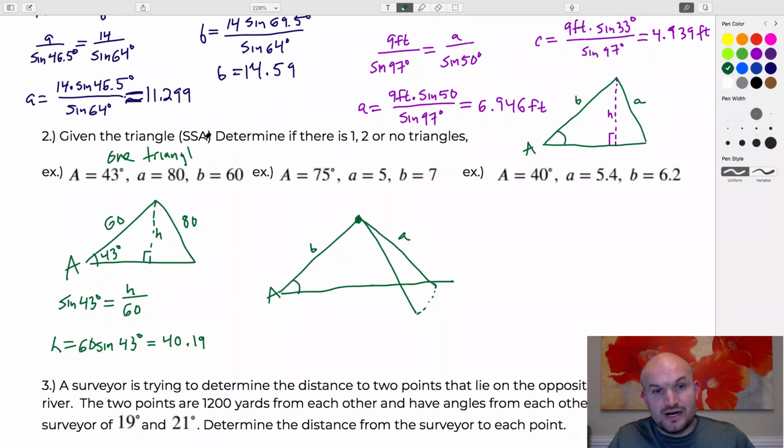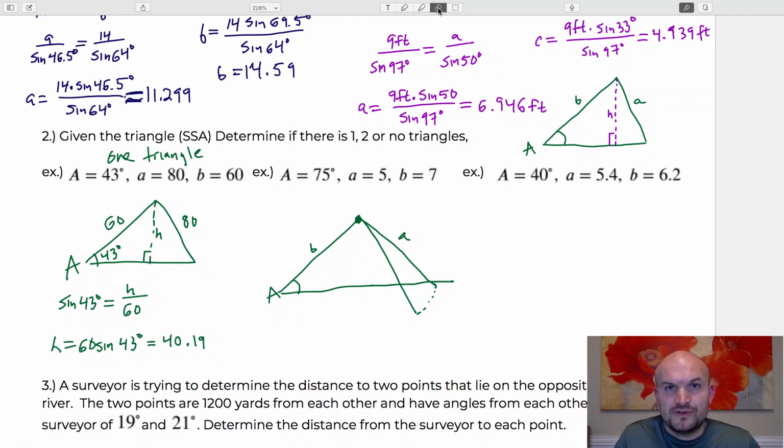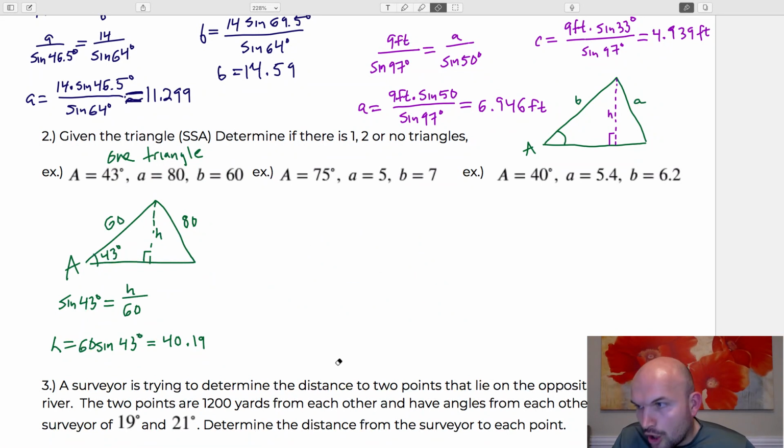Now the other point that I wanted to make with this is, actually, you know what? I think it's just too much for me to cover in the live stream. I don't want to be here all night going through this. But I think the easiest thing is understanding the h and the height.